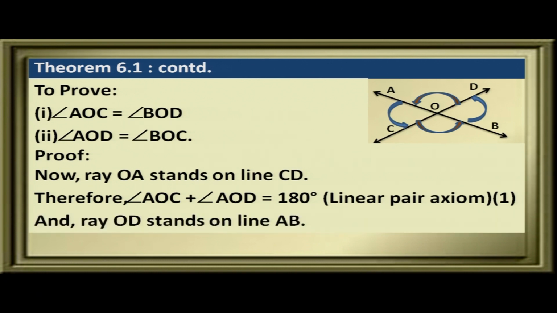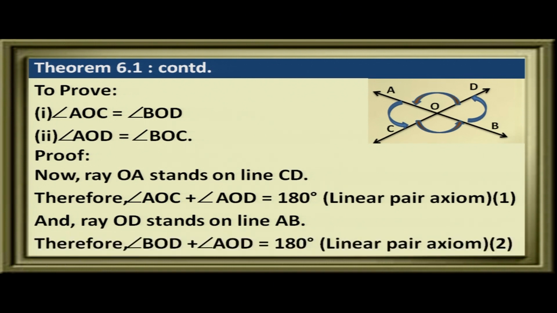And ray OD lies on the straight line AB. So, the angles formed are angle AOD and angle BOD. The sum of these two adjacent angles is 180 degree, again by the same linear pair axiom.